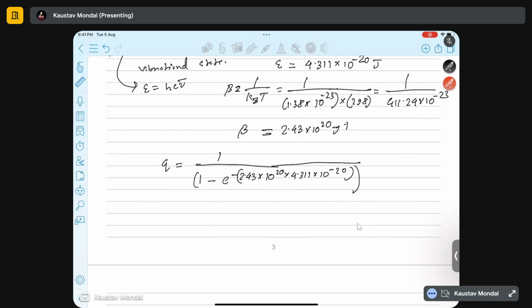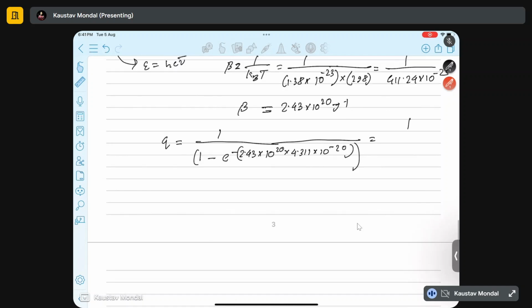So this means 2.43 into 4.311 gives you 10.48. So this gives you 1 by 1 minus e to the power minus 10.48. Okay, so this is the expression of the partition function.